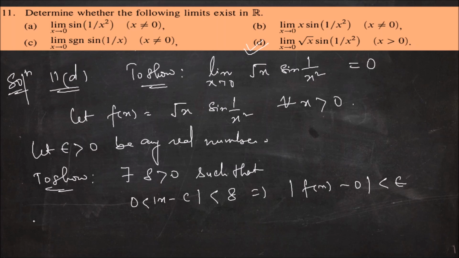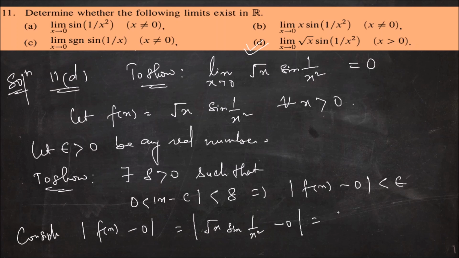So consider |f(x) - 0|. This is nothing but |root x sine 1 by x square - 0|, and this is |root x sine 1 by x square|. Now using modulus property, this is root x times |sine 1 by x square|.